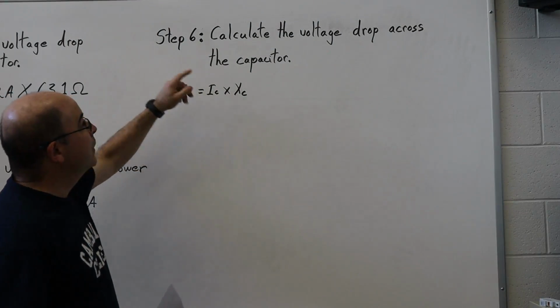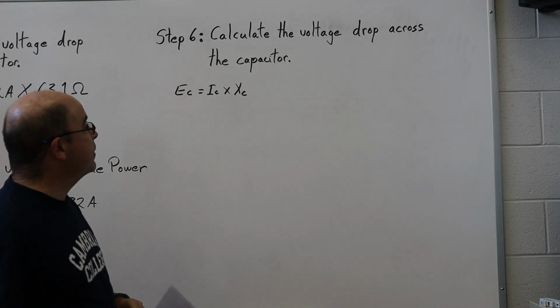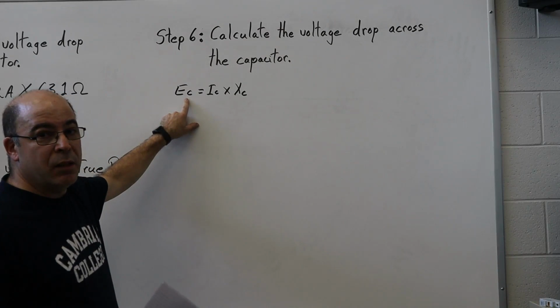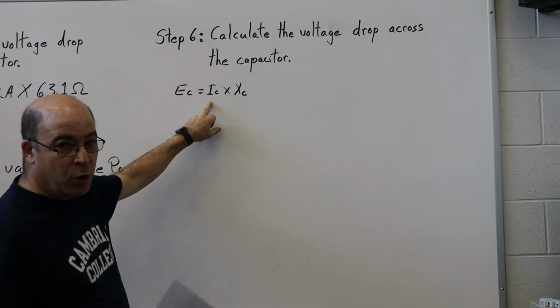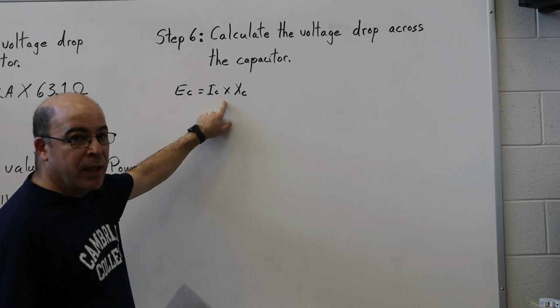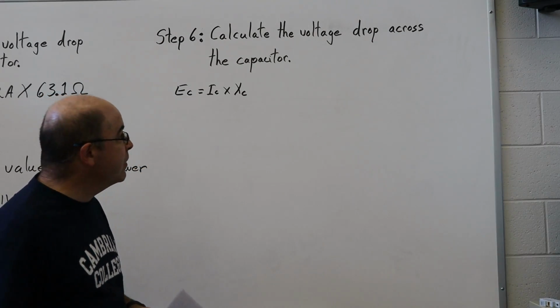Step 6, calculating the voltage drop across the capacitor. Again, we're using Ohm's law. We're going to determine this by taking the value of current we've calculated and multiplying it by the value of capacitive reactance.